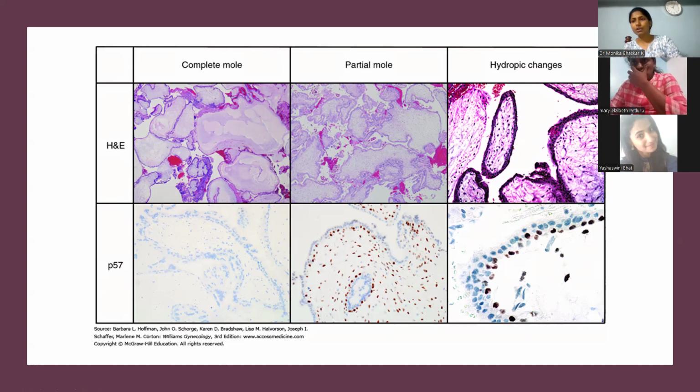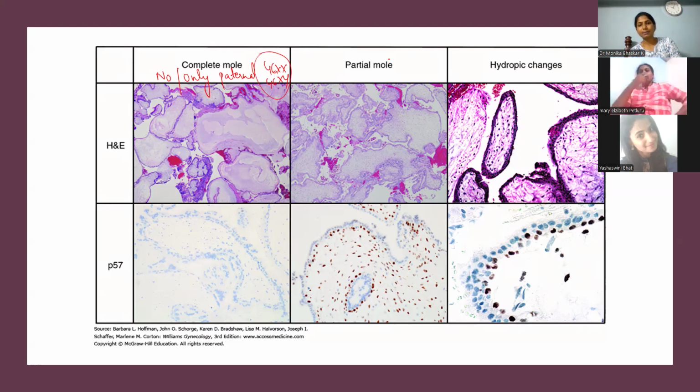Sometimes you will not know whether it is a hydropic fetus or a partial molar fetus. So what is a hydropic fetus? A complete mole has no maternal component, only a paternal component, and if you do karyotyping, it will be 46XX or 46XY, so it is a diploid pregnancy.